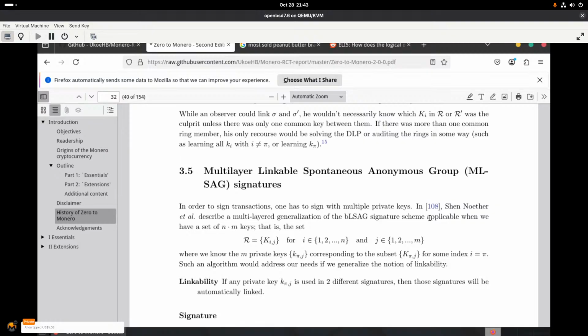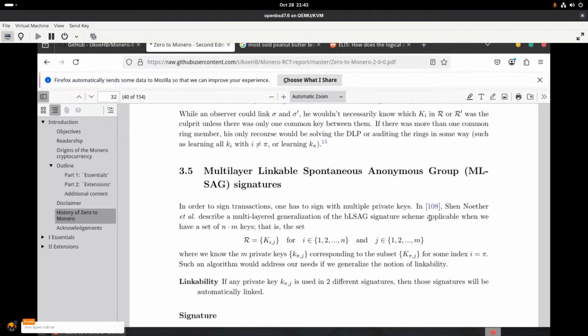Multi-layered linkable spontaneous anonymous group, ML-SAG signatures. In order to sign a transaction, one has to sign with multiple private keys. Noether et al. describe a multi-layer generalization of the BL-SAG signature scheme, applicable when we have a set of n by m keys.